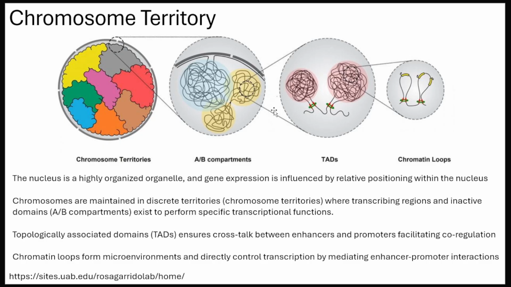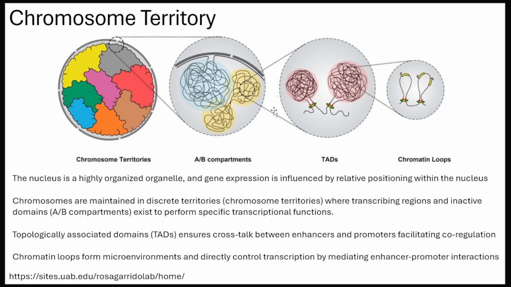So chromosomes are maintained in discrete territories, where transcribing regions tend to be closer to the center or the nucleolus, and inactive domains that are gene poor are more so on the periphery of the nucleus, again, to anchor into the actual nuclear structure.